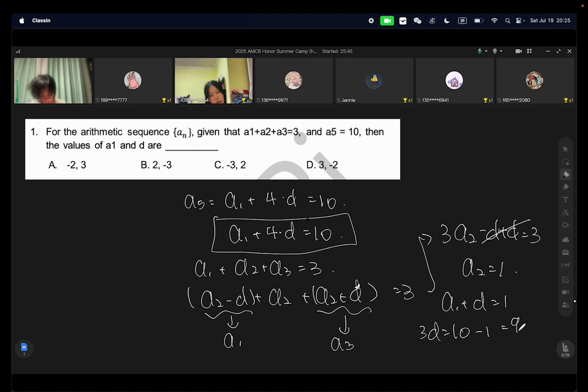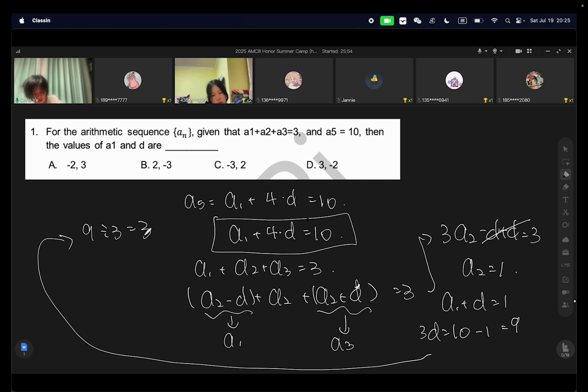So our common difference is going to be 9 divided by 3 equals 3, which is D. That's our common difference. And by plugging it back into the original equation, we have 1 minus 3 equals negative 2. And that is going to be A1, our first term.